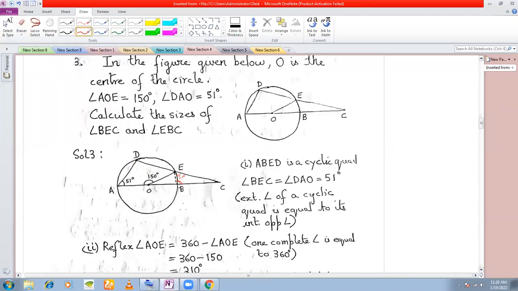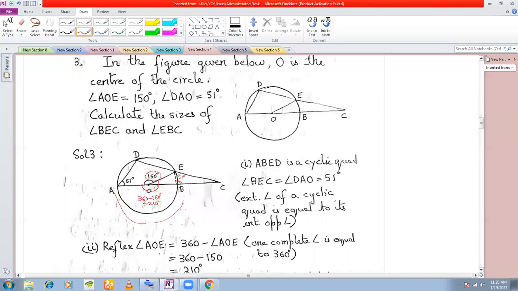Look at this. If this angle is 150 degrees, what will be this angle? 360 minus 150, right? Which is equal to 210 degrees. And this angle here is on this arc.